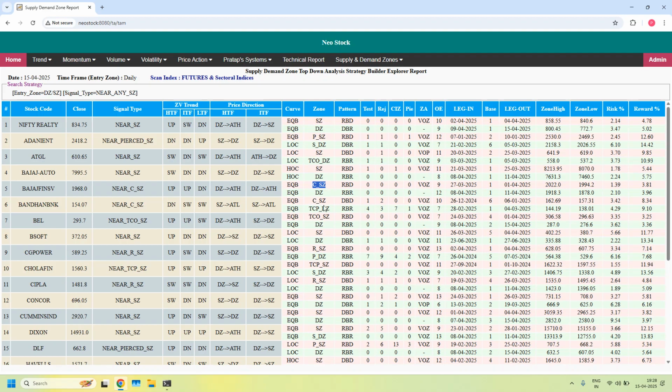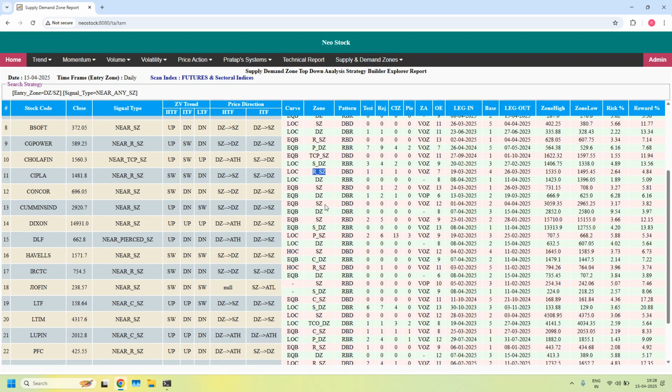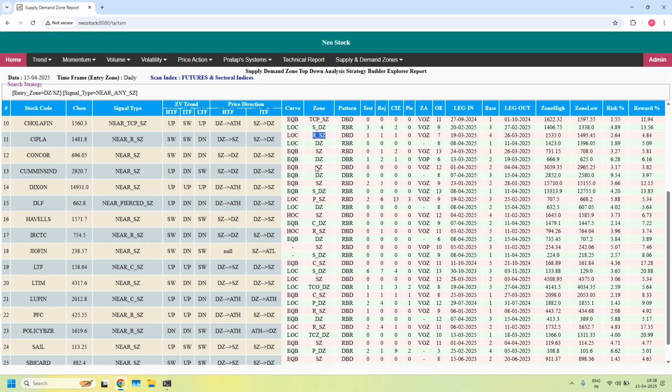First one is Bajaj Finserv, second one Bandhan Bank, third one CG Power, fourth one Cholamandalam Finance, fifth one Cipla, sixth one IRCTC, seventh L&T Finance. Lupin is pierced, you can't use it.